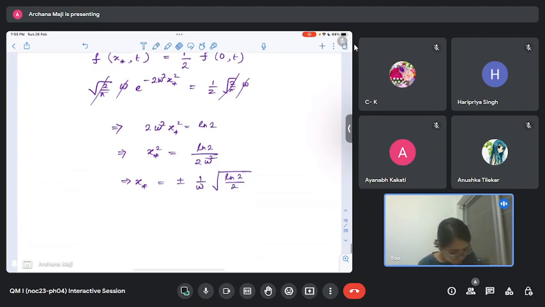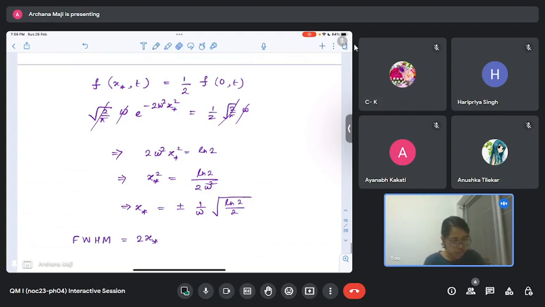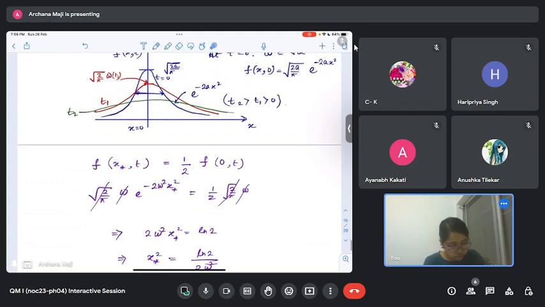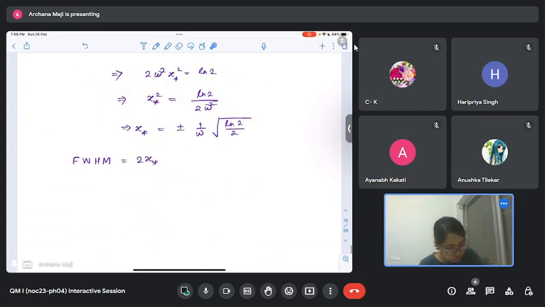So full width at half the maxima is nothing but 2 x star. X star is nothing but the position. This is x star and this is minus x star. So full width at half maxima is 2 times x star, that is 1 over omega square root 2 ln2.